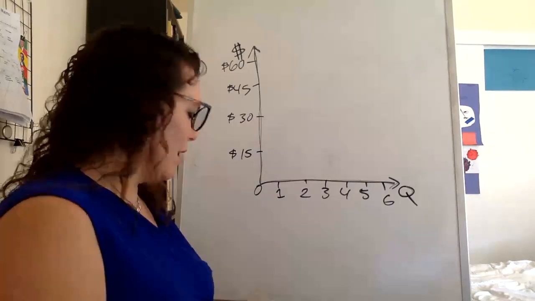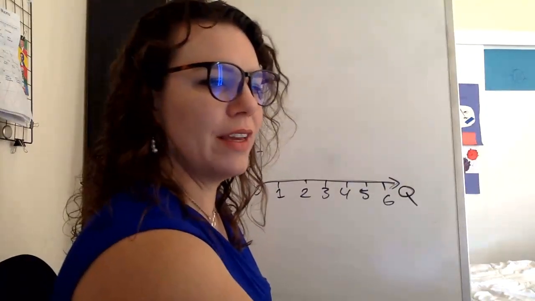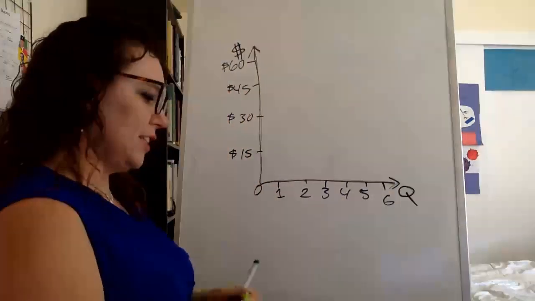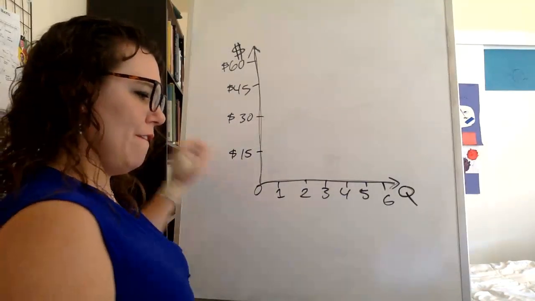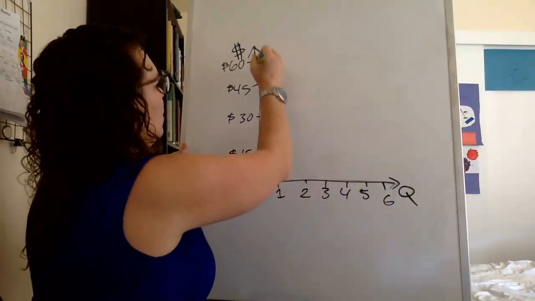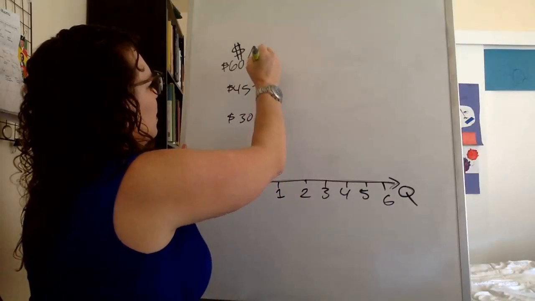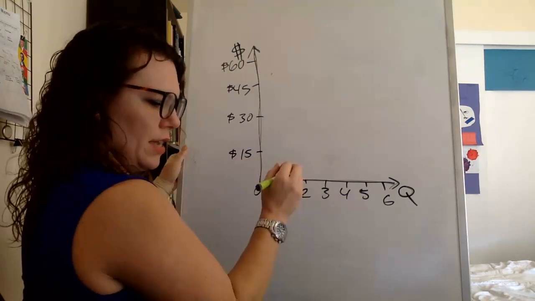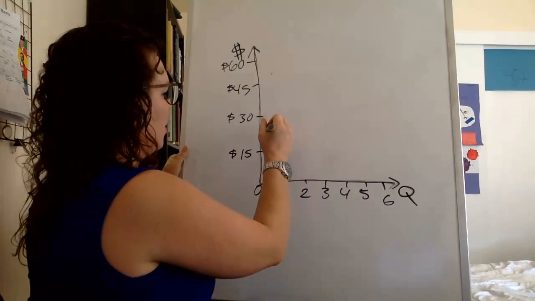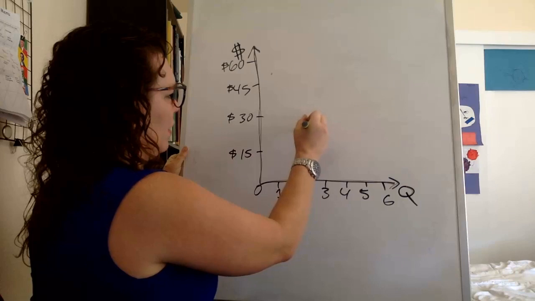So the first thing I'm going to graph is average fixed cost. Average fixed cost started at $50, which I'll put as, let's see, right here. And then it went down to $25, which I'll put right here.